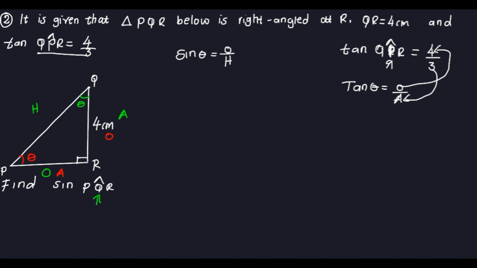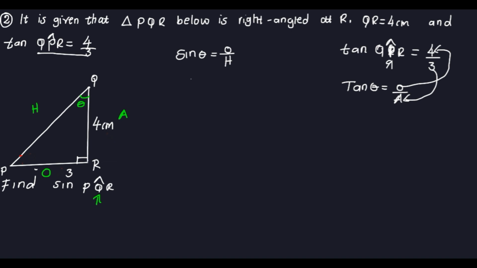So if we use P as the angle in consideration, the opposite is 4, we can see that we have the 4. Then the 3 indicates the adjacent if the angle P is under consideration. So this is our adjacent. So we can now remove these since we have these. We can now proceed by finding the sine.